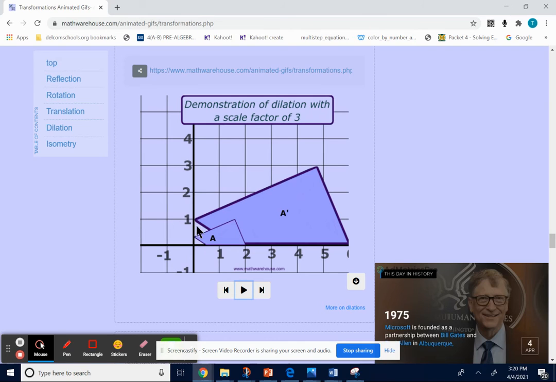When it was dilated, it became (0, 1). 1/3 was just multiplied by 3, and 0 was multiplied by 3. The original (2, 0), when dilated, ended up, you can't see it very well, at (6, 0). We multiplied the 2 and the 0 by 3, so (2, 0) mapped to (6, 0).